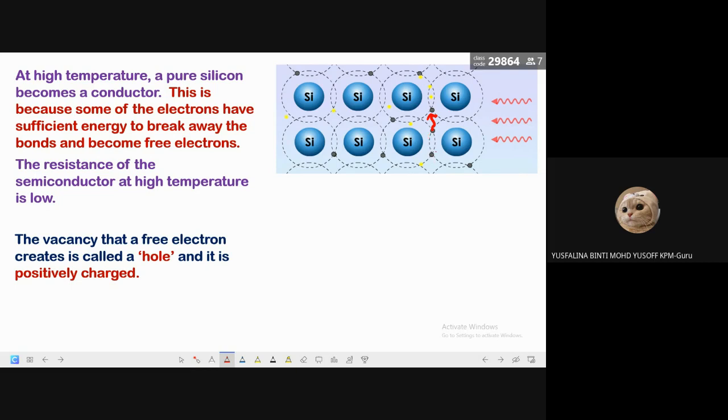So the free electron is actually the one that can transmit the current there. So the resistance of the semiconductor at high temperature is low. And the vacancy, the place that the electron leaves, becomes a hole and it will have a positive charge.